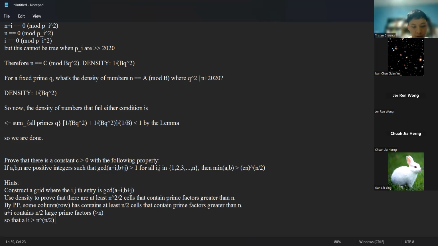Of course, we have to make sure these primes are all distinct, which is easy to prove. So similarly, B plus J is more than that. Basically, that's how you solve this.